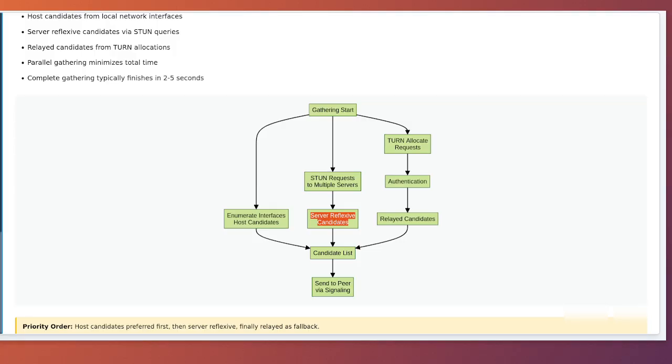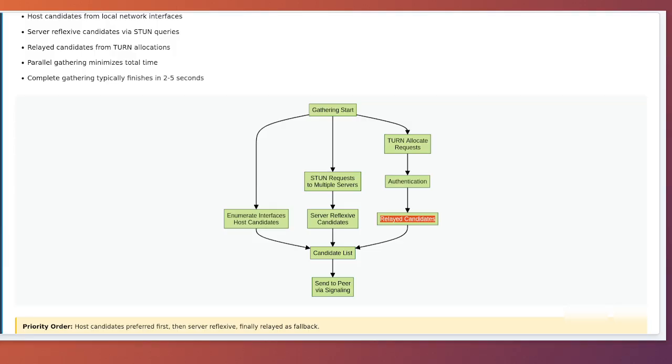Finally, the application allocates relayed candidates through TURN. This process takes longer than STUN because it involves authentication and resource allocation. The application sends allocate requests to configured TURN servers, goes through the authentication challenge-response cycle, and receives the relayed address if allocation succeeds. The relayed address becomes a relayed candidate.